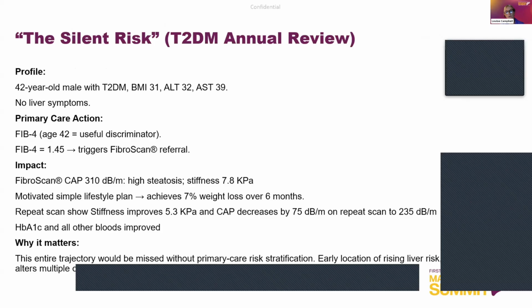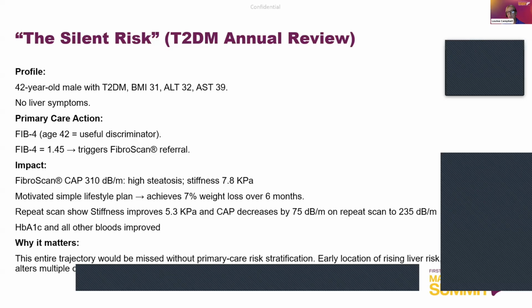So his FIB4 at the age of 42, which is a useful discriminator because it tends to be used over the age of 35, and after an older age we change it, and younger you can use it, but you just have to use it with a lot of caution if it's out of the age ranges that we're using FIB4. So more than 1.37 or 1.45 triggers a FibroScan referral of vibration controlled transient elastography or transient elastography if you don't have those terms.